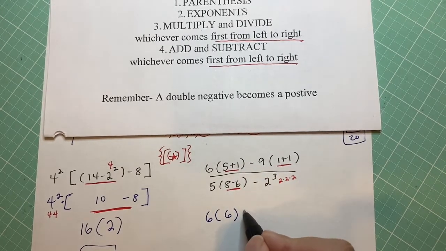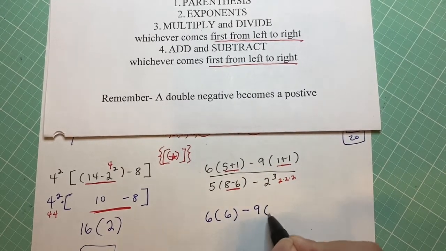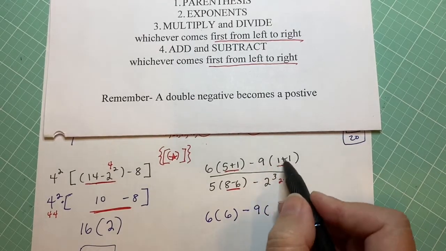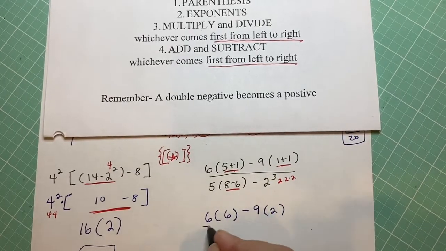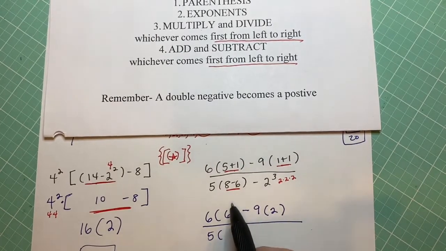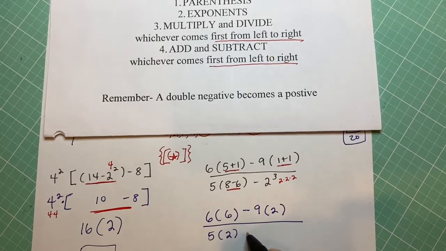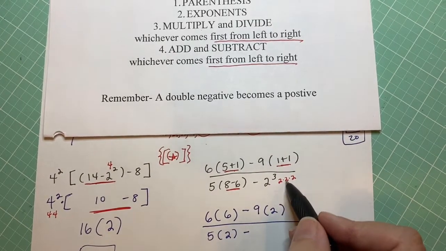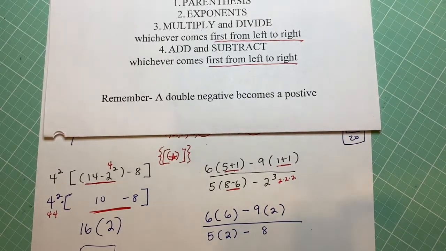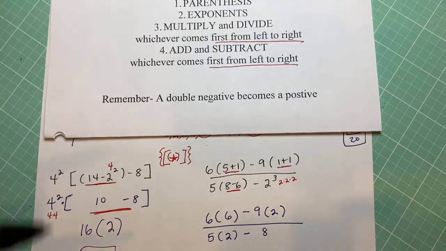This minus comes down, the 9 comes down, we leave it in parentheses, 1 plus 1 is 2. Draw our line. Our 5 comes down, we leave it in parentheses, 8 minus 6 is 2. And then we've got our exponent here, 2 times 2 is 4, times 2 is 8. So we did kind of parentheses and exponents in the same step.